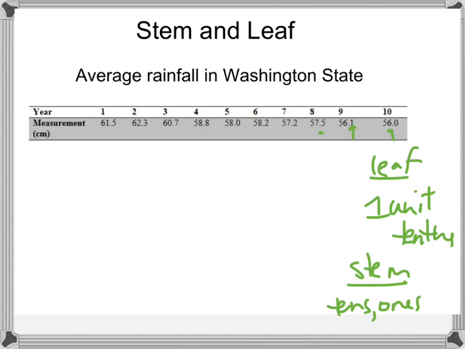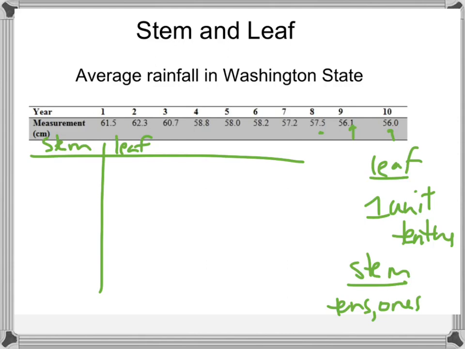Okay, so we need to go about making, let's see, if our leaf is going to be the 10ths place, let's think about how our stems change. So the largest stem I see is 62, and the smallest stem I see is 56.